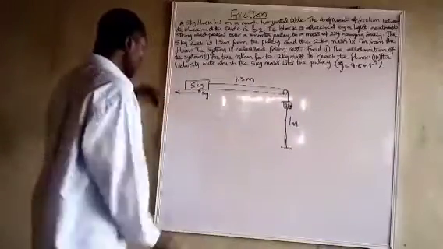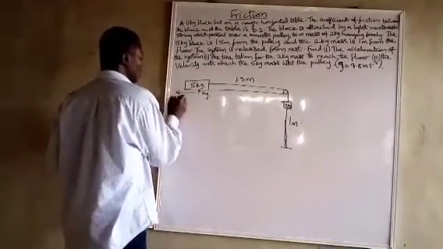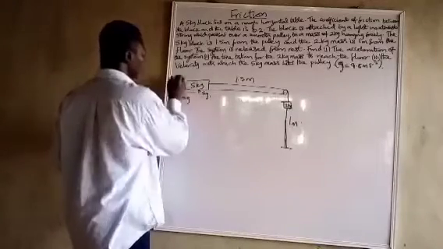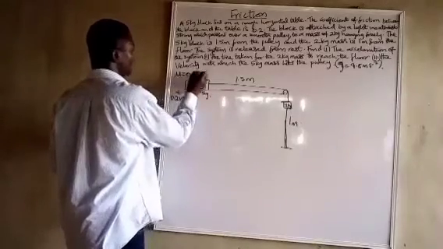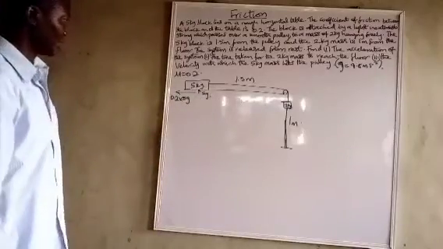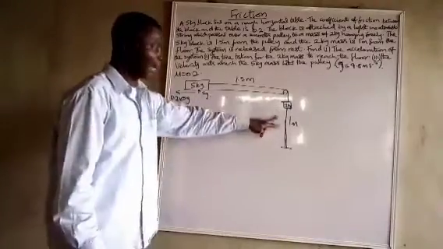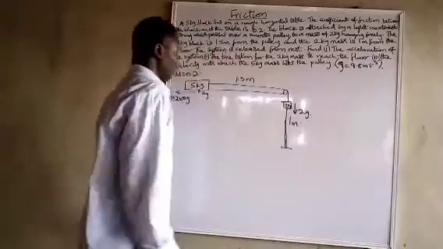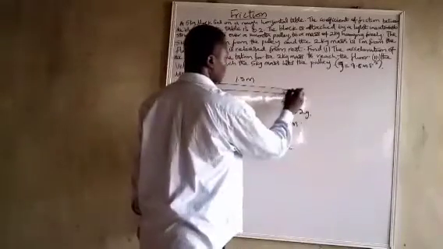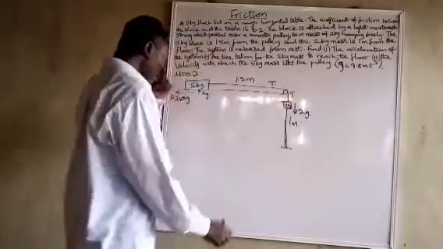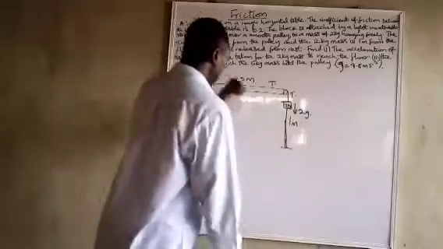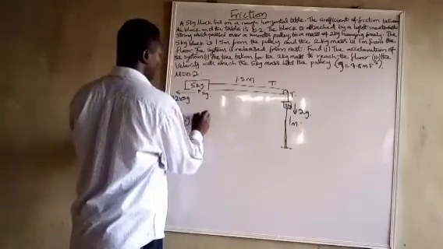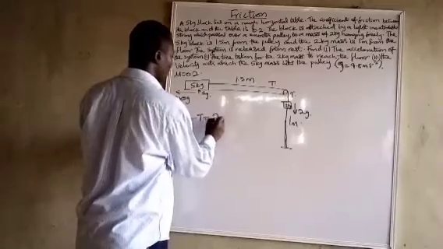So the friction will be 0.2 times 5g, where 0.2 is mu, the coefficient of friction. It acts against this, and we have this acting downward, the 2g. Let's make this one T. Now, let's work out the acceleration. We can now say 2g minus T is equal to 2a.